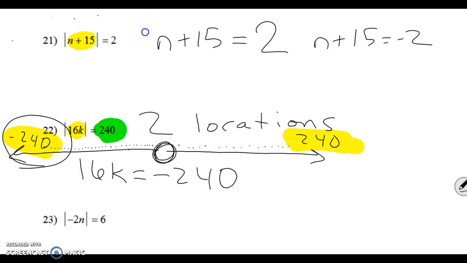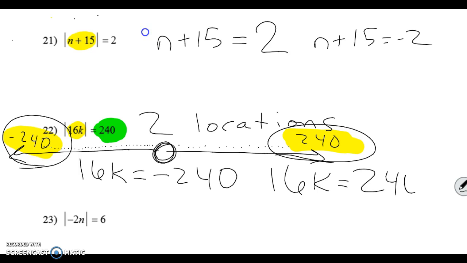We could solve this right now, but we're going to go ahead and write the other one here. I see 16K again. 16K, go ahead and write that. And that's going to equal this location over there, 240.